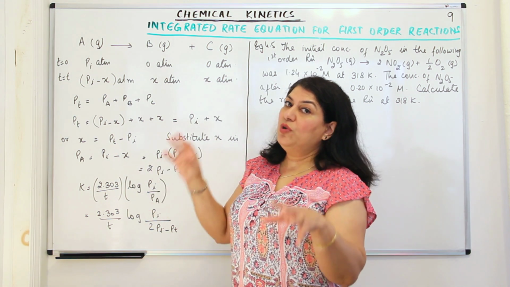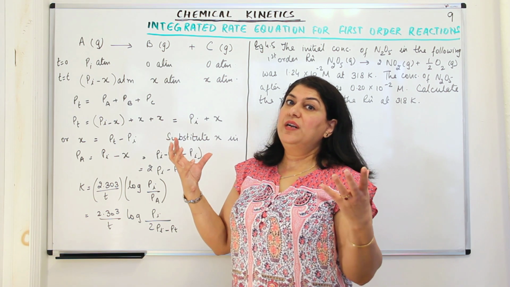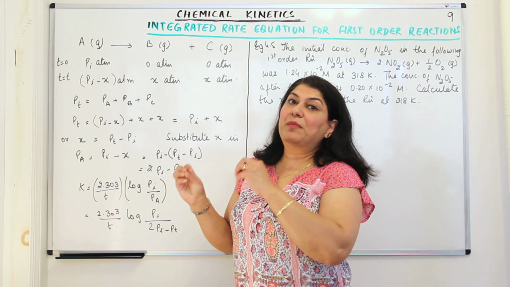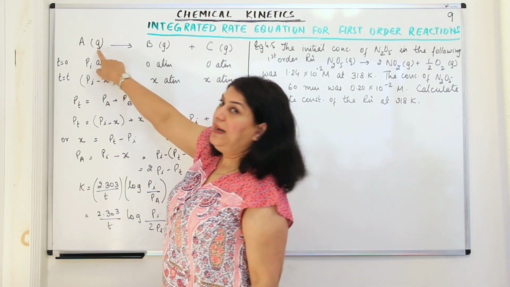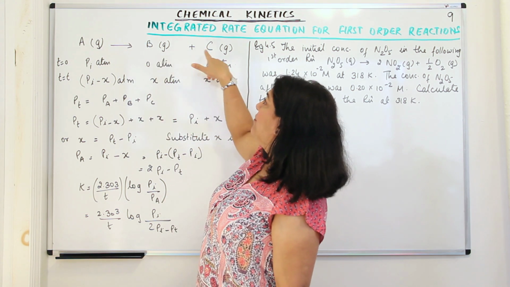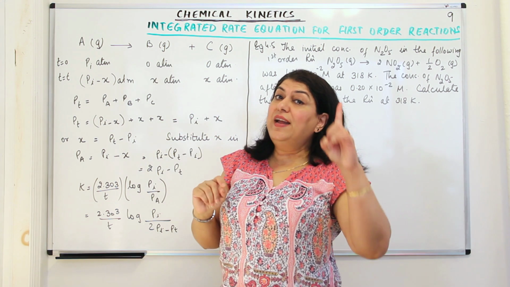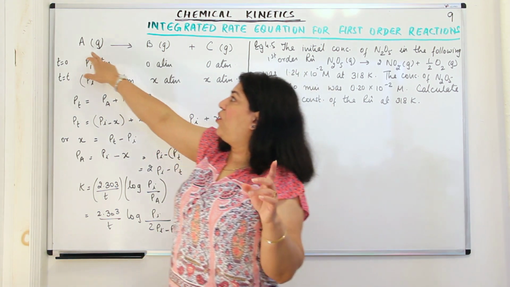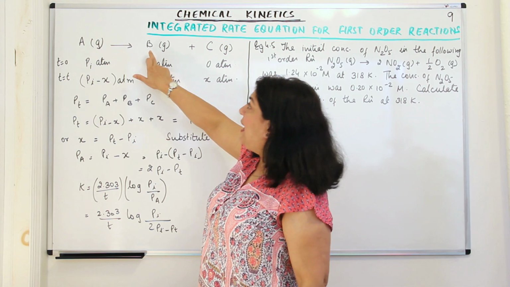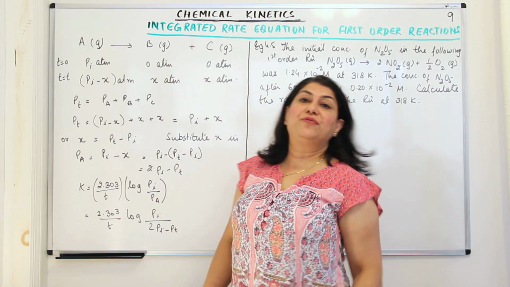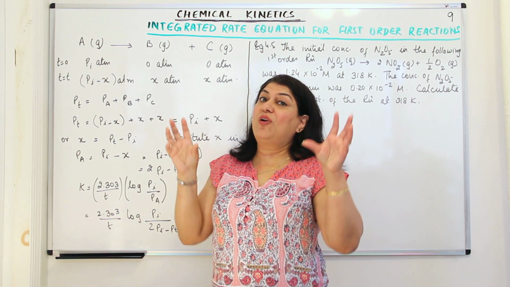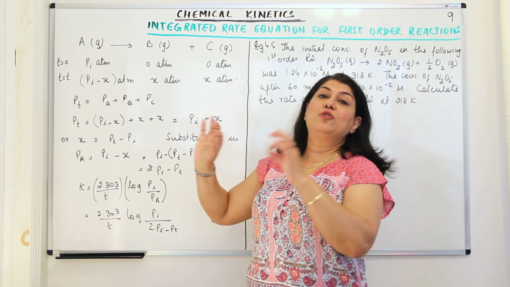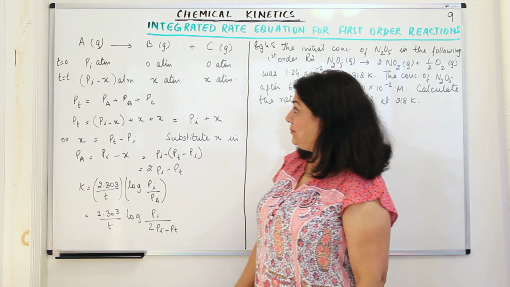And according to the molar concentrations, we know equimolar substances would have the same amount of pressure also. So if you had 1 mole of A decomposing, it gives you 1 mole of B and 1 mole of C. Then if 1 atmosphere of A was decreased, then 1 atmosphere of B and 1 atmosphere pressure of C would be formed, because the pressure of the gases is directly proportional to the molar concentration.